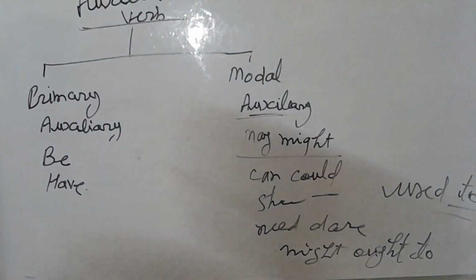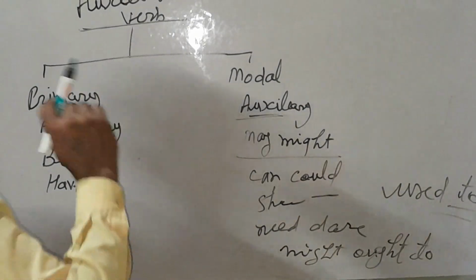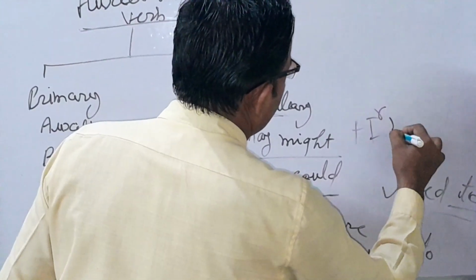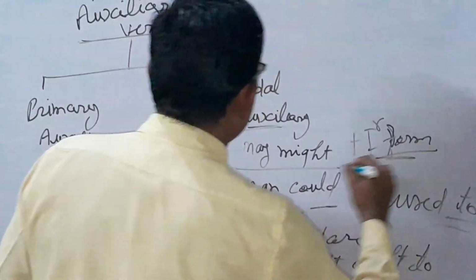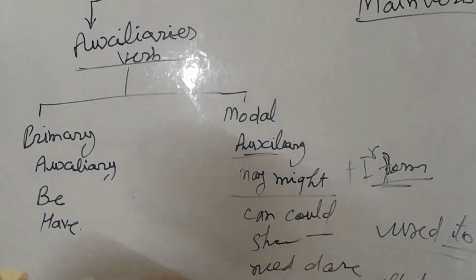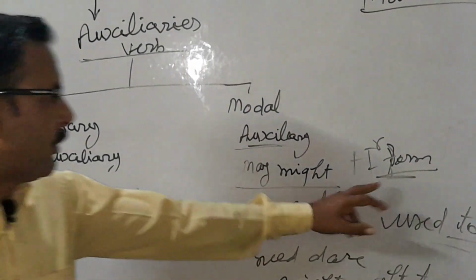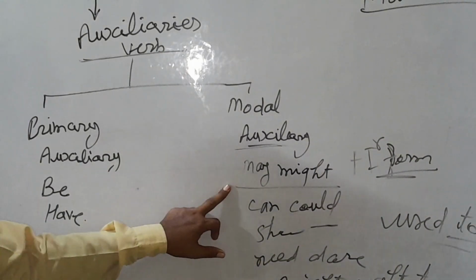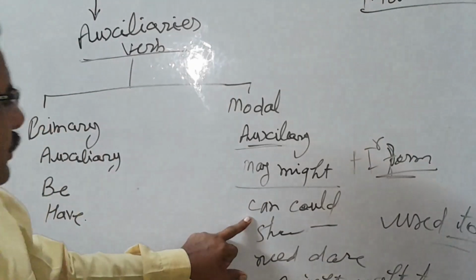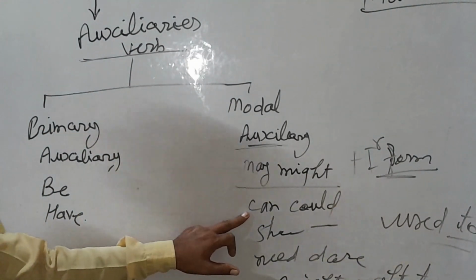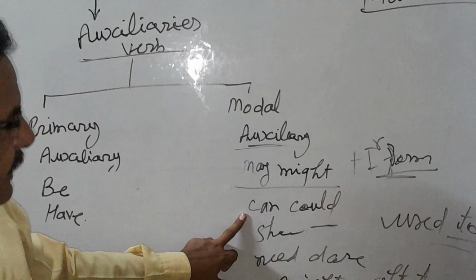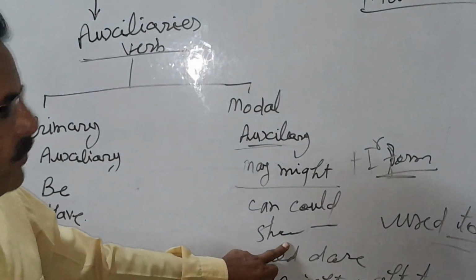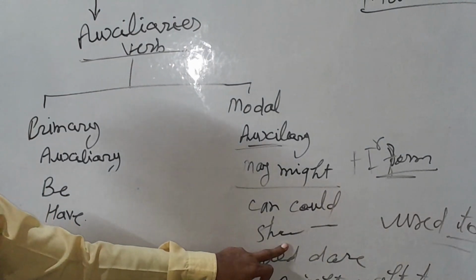Modal auxiliaries need a main verb as the base form, the first form. With all the modal auxiliaries, we use the first form of the main verb. They show different kinds of expression. Can shows ability, possibility, probability, capability, and should is used to give advice in a general way.